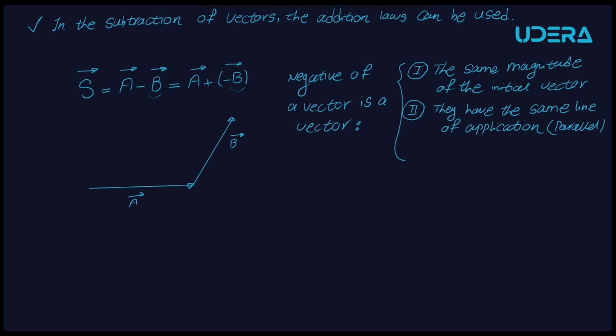And the third point, which is very important and is the main point that distinguishes the negative of a vector from its initial version, is that it is in the opposite direction.